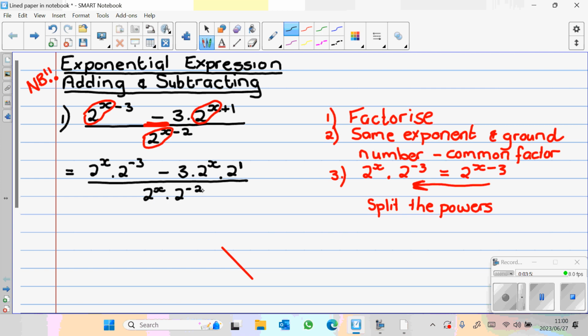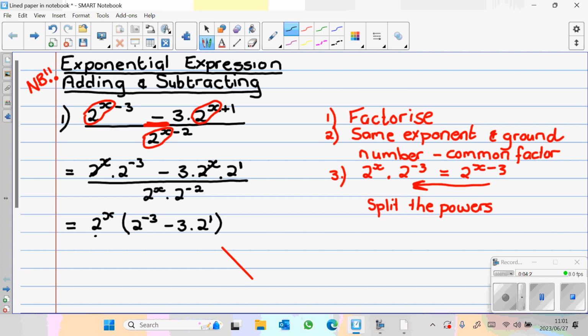And now it would enable us to take out the common factor at the top. I'm not taking out anything underneath because there's no plus or minus underneath. I'm only taking out 2 to the power x at the top.